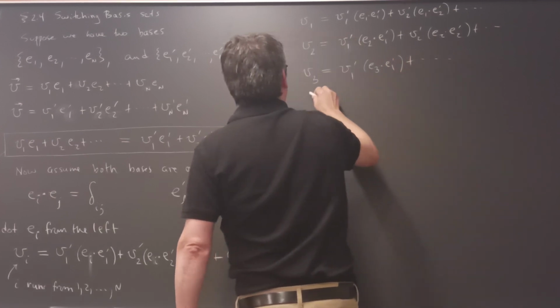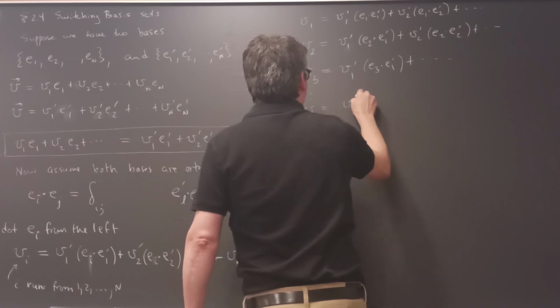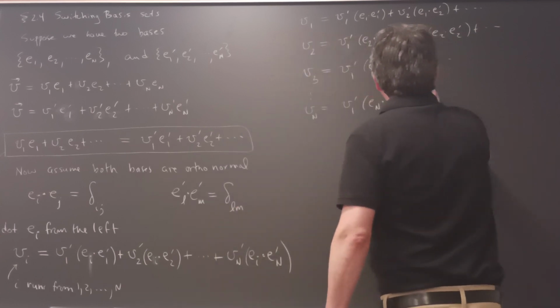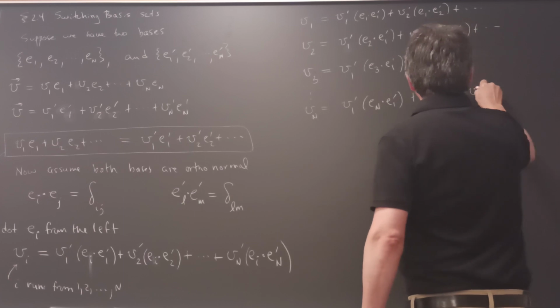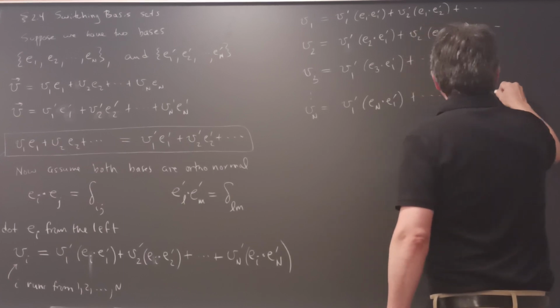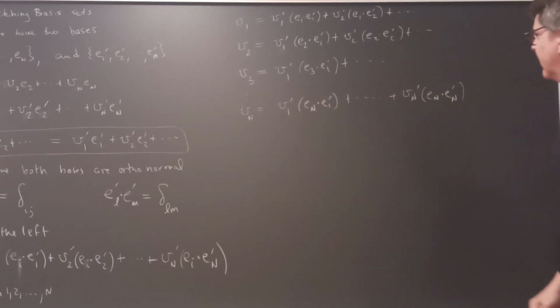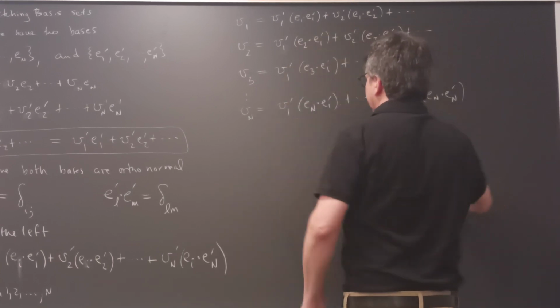Okay, so you get the picture, down to V sub n, which would be V1 prime En dotted with E1 prime, and so on down to Vn prime, En dotted with En prime. So we have n equations, and n terms on the right-hand side.